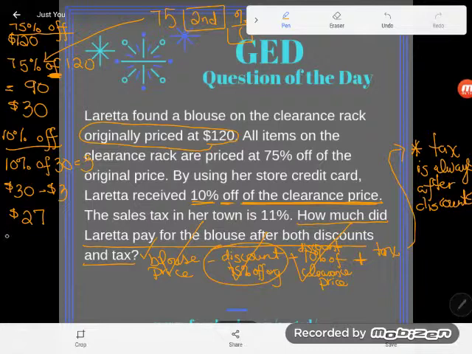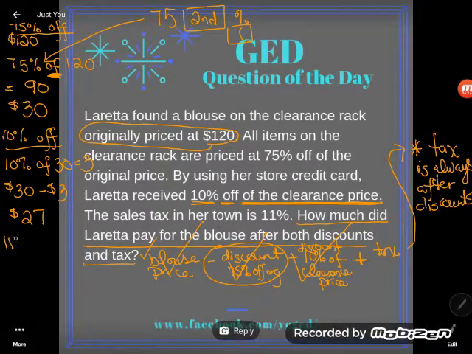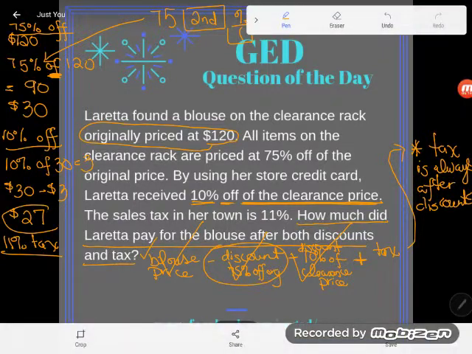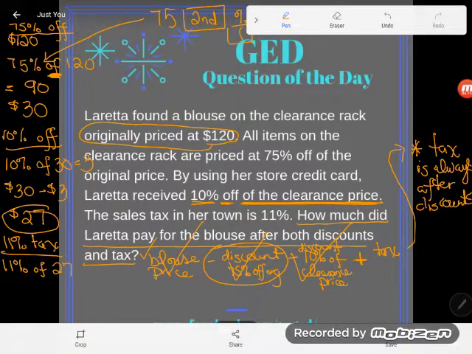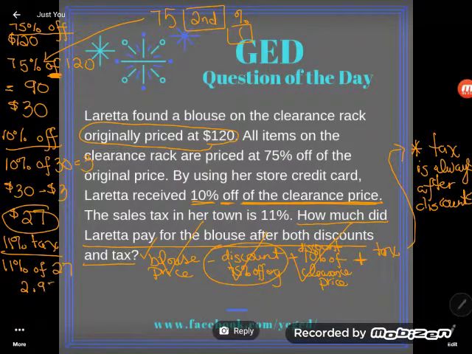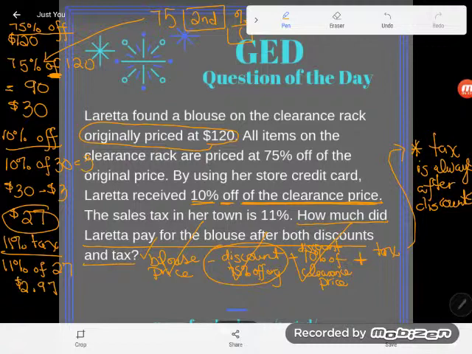So we said that our tax was 11%. 11% of what? Of the price after all the discounts. So 11% of $27. So again, I'll do that in my calculator. 11 and then second percent of means times 27, and I see that that's $2.97. Now careful, they didn't ask me to find out how much tax I was going to pay. They asked me to find the price of the blouse after both discounts and tax.